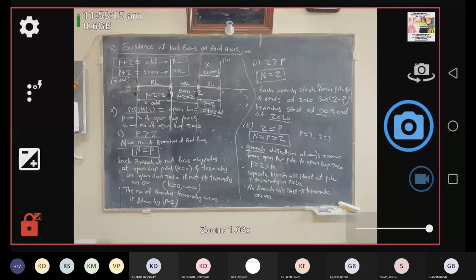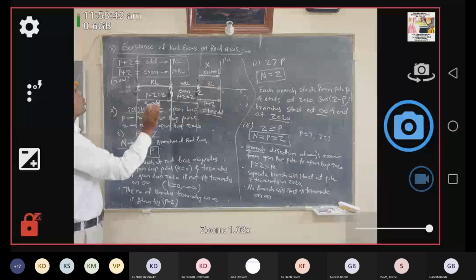Okay, so in this way you can find out the part of root locus and non-root locus along the real axis by dividing your real axis into different sections. Okay, and you have to apply this test P plus Z. So you have to count only poles and zeros along only real axis. Do not consider complex conjugate pair pole or complex conjugate pair of zeros.